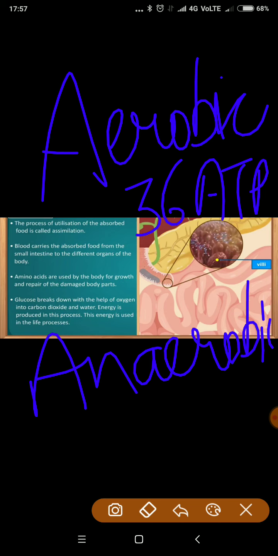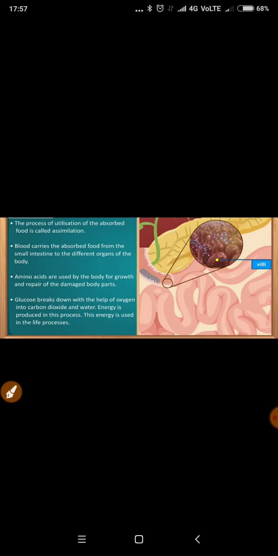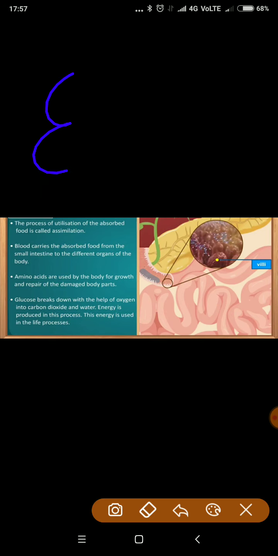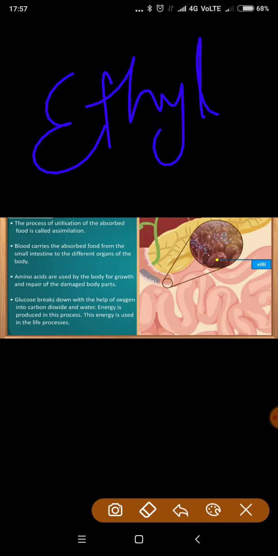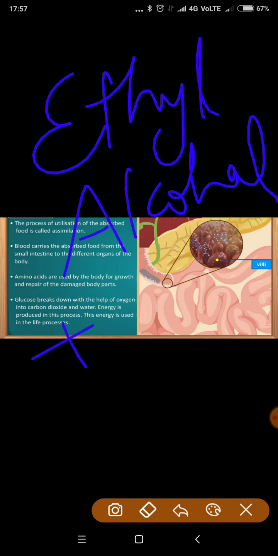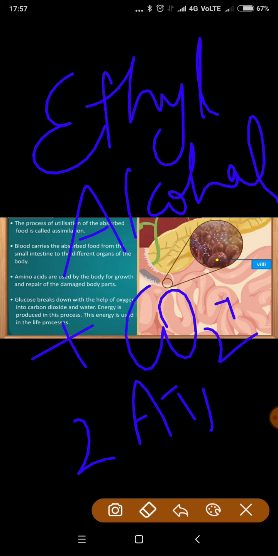Aerobic means in the presence of oxygen. So in anaerobic, no oxygen is there. And what is the final product for this? The final product for anaerobic is ethyl alcohol plus carbon dioxide plus 2 ATP.